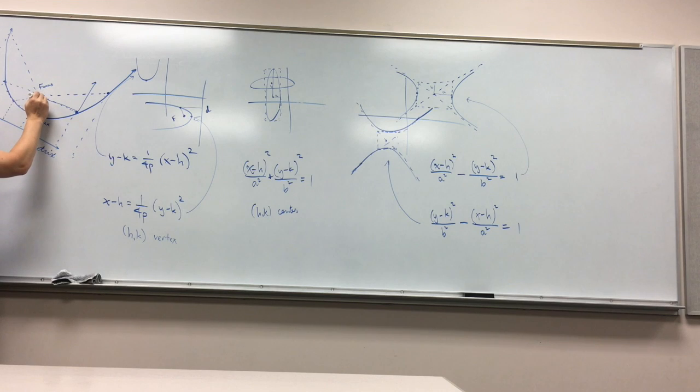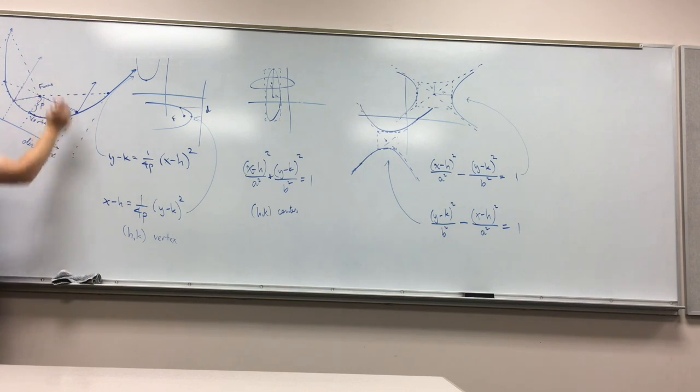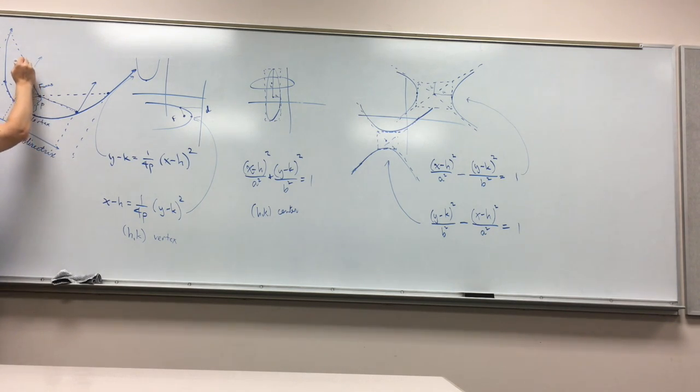Even right here, if a radio wave bounces off the wall of the parabola, it'll also reflect in a line parallel to the line of symmetry. Even over here, when it bounces off, it'll go parallel to the line of symmetry.